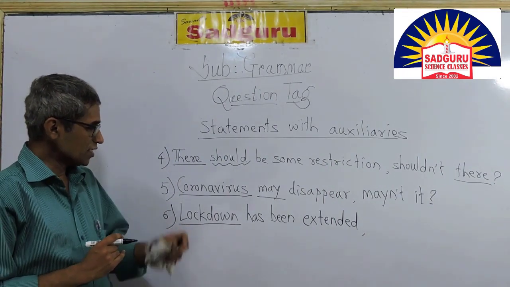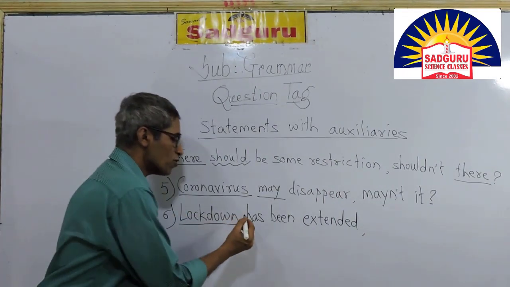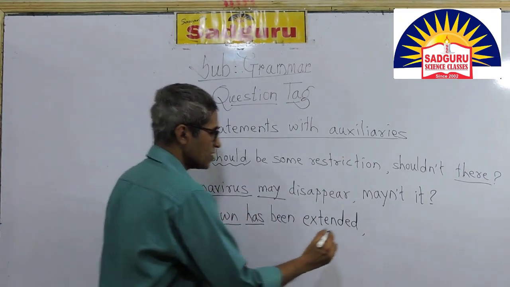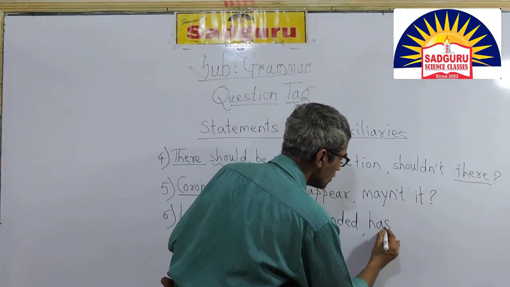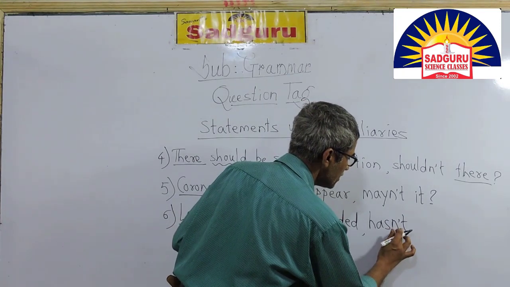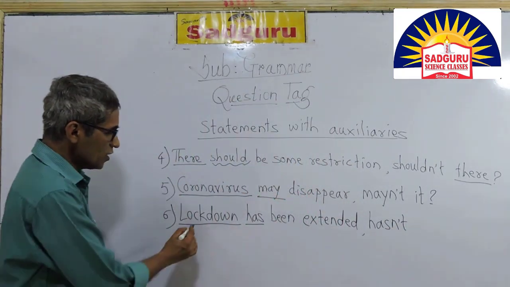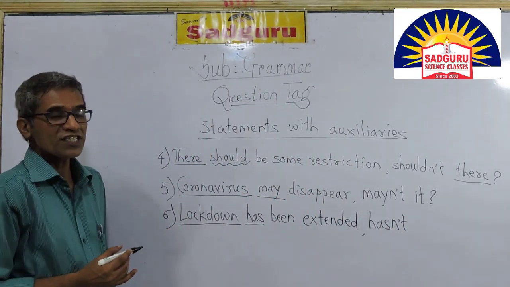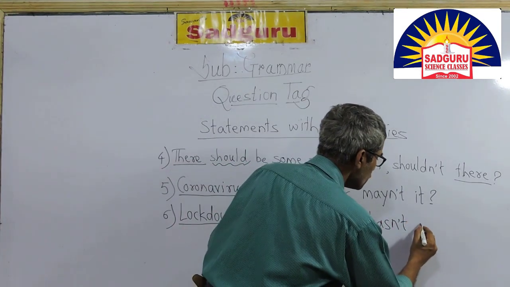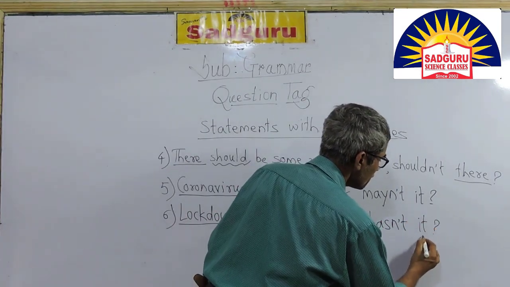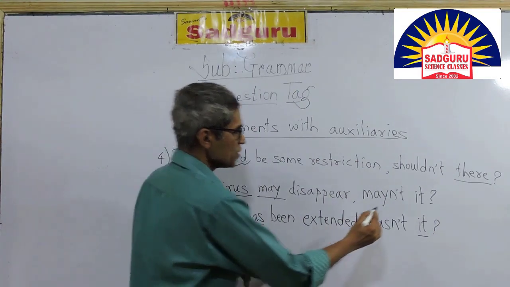And the next sentence, the auxiliary is has. So take it as it is. To make it negative, add nt, and the subject is lockdown. It is one non-living, that is why the pronoun it is used here.